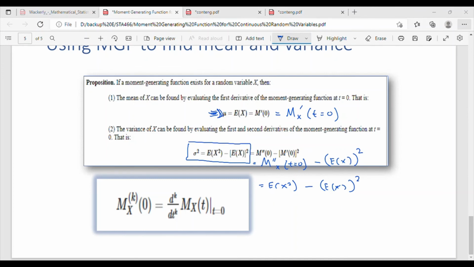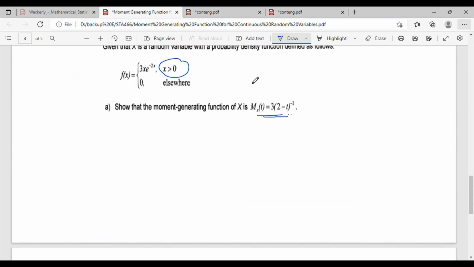Okay, so that's it. Let's say we have this MGF. Now that we have the MGF, we can find the mean and variance for this random variable x.